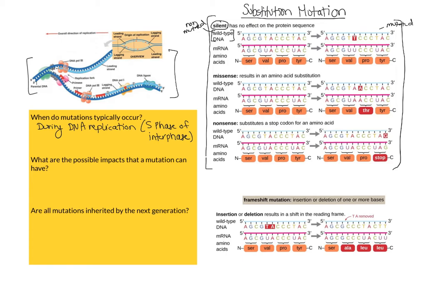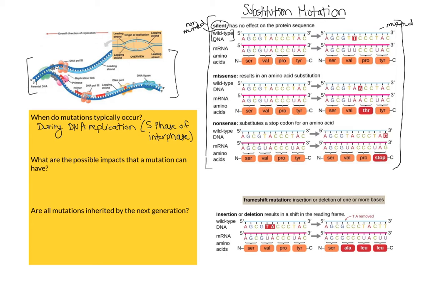What you'll notice is that they've only included one strand of the DNA. We know DNA has two strands. They just included this top strand. And then they have included the mRNA and the amino acids that correspond to this DNA sequence.